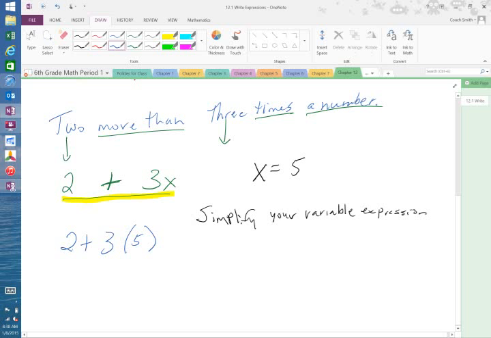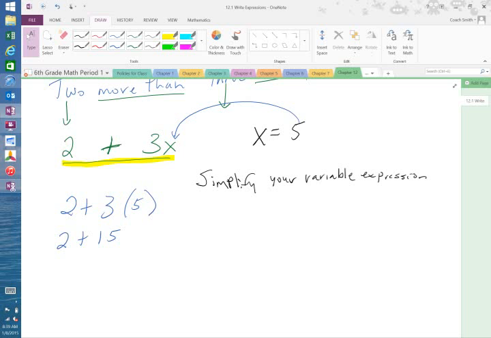We just plug in the 5 for the x. The value of x is 5, so I plug that in right there. So what is 3 times 5? Destiny. 3 times 5. Yeah, 15. So 2 plus 15. Our order of operations says that we have to do multiplication before we do addition. That's why we did the 3 times 5 first instead of adding 2 to the 3.